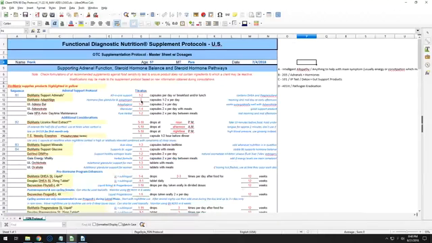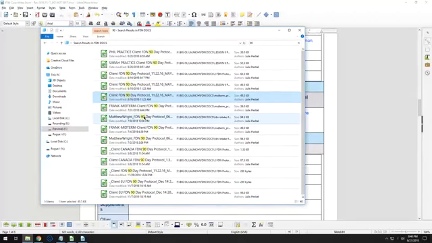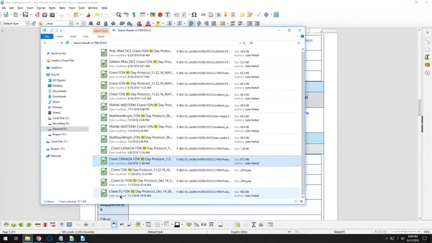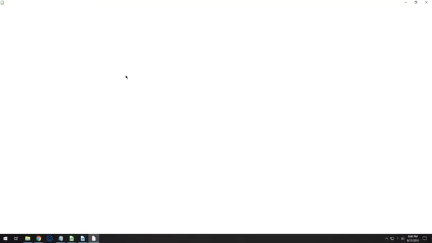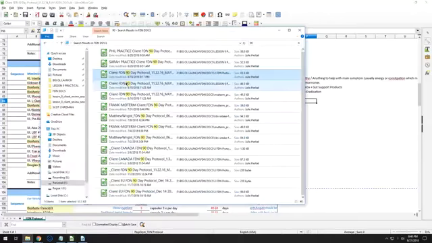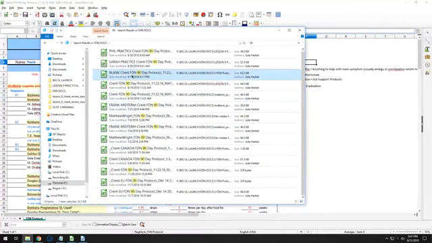Alrighty. This one is saved over. I need a blank one. Let's try this one. Nope. Try this one. Okay, there we are. We'll just name that one blank. All right, cool. Blank.